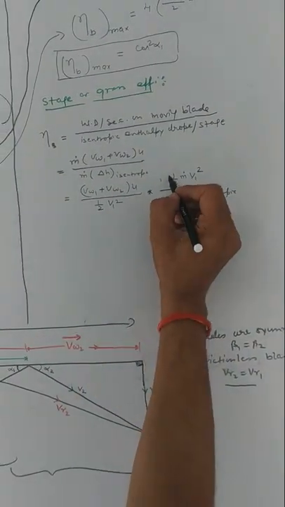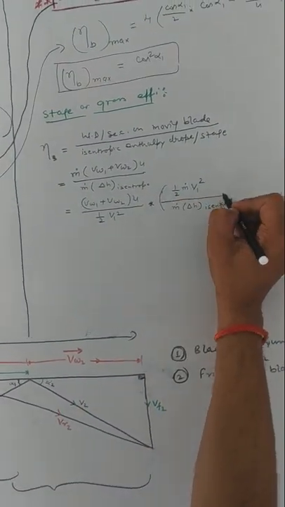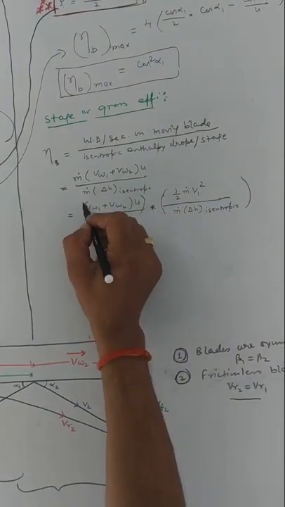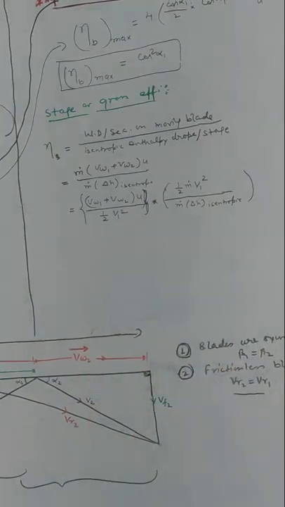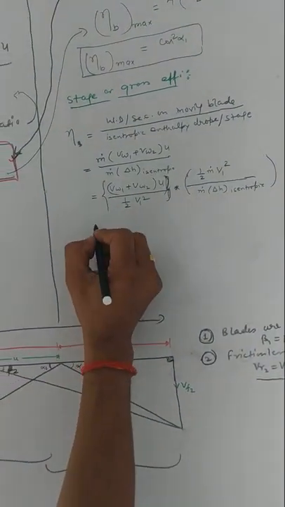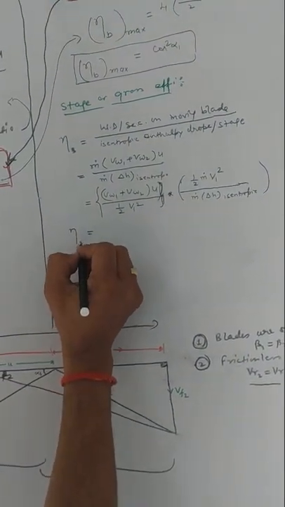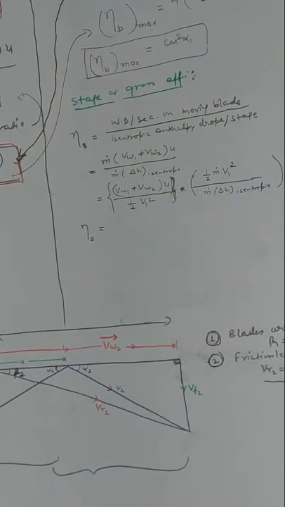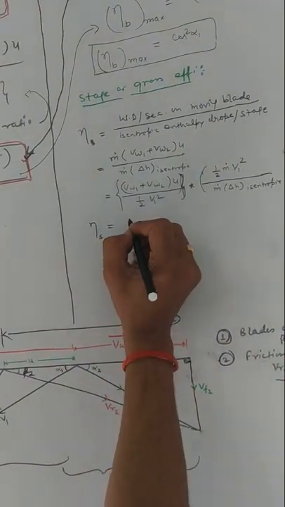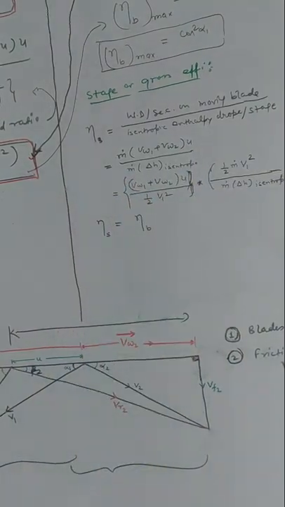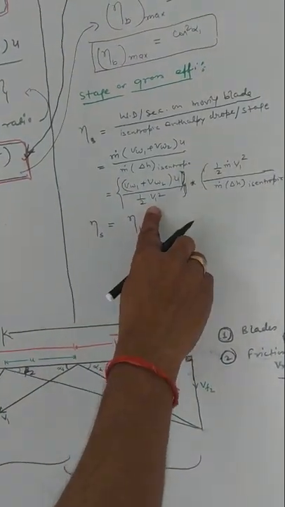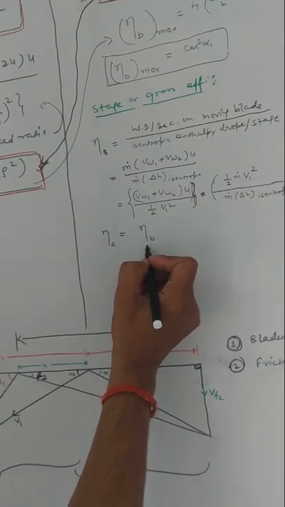So we now have a multiplication of two terms. It is very clear that the first term is the blade efficiency: the numerator is work done per second divided by kinetic energy. This is blade efficiency or diagram efficiency.